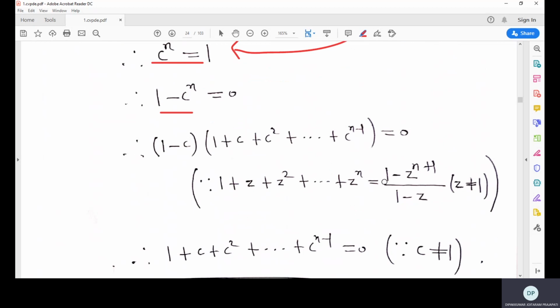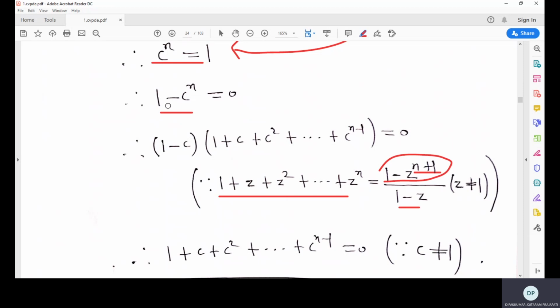Now if you are familiar with this result, 1 minus z to the power n plus 1 equal to 1 minus z into 1 plus z plus z square up to z raised to n. So if the power is n plus 1 here, we have to go up to the nth power. Here the power is c raised to n.